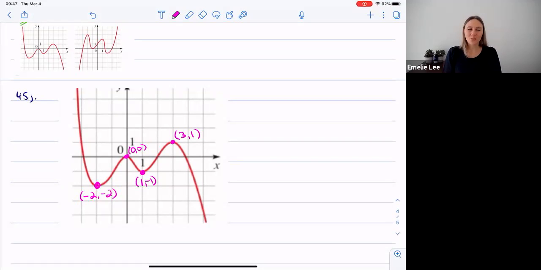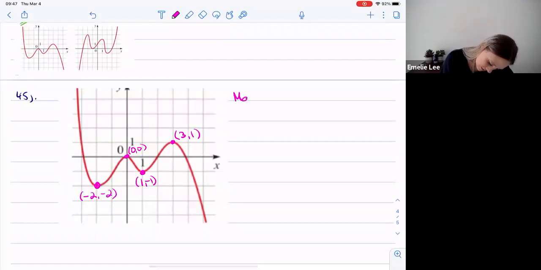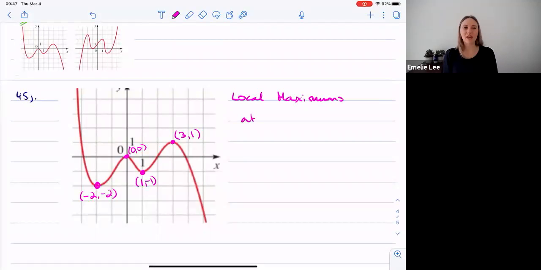Okay, so we've got local maximums at, and it depends on the format of the question, but either at 0, 0 and 3, 1, or at x equals 0 and x equals 3, right?